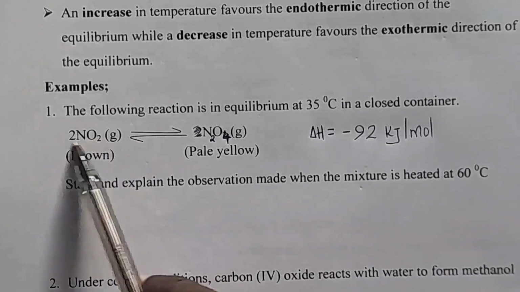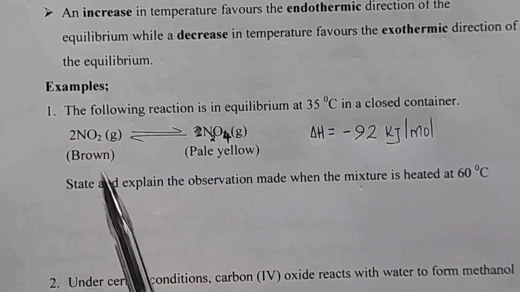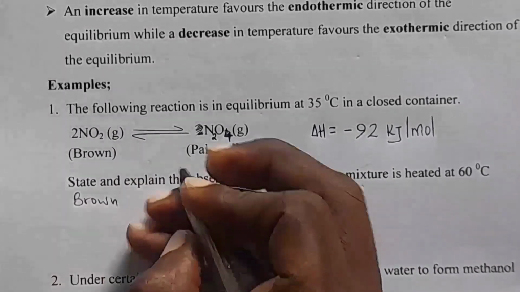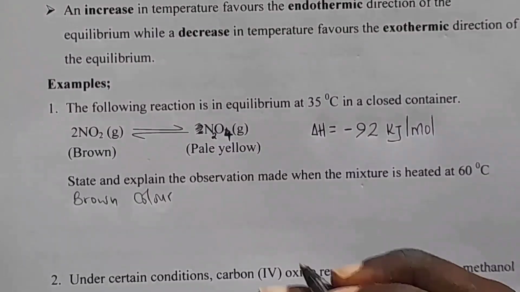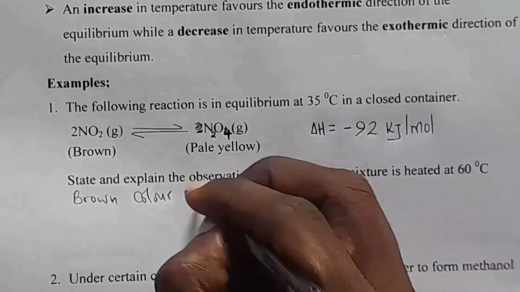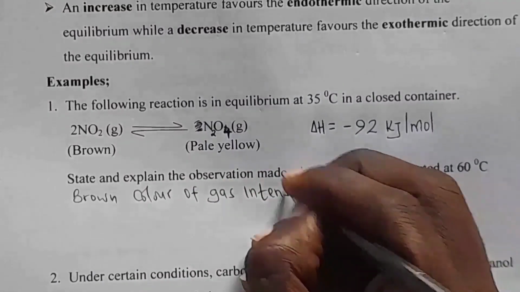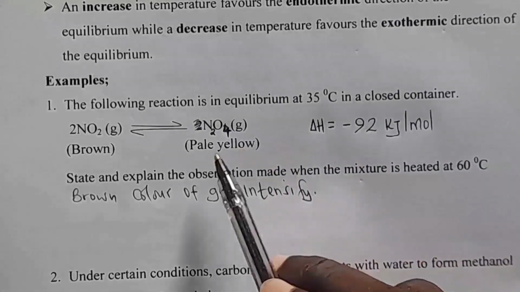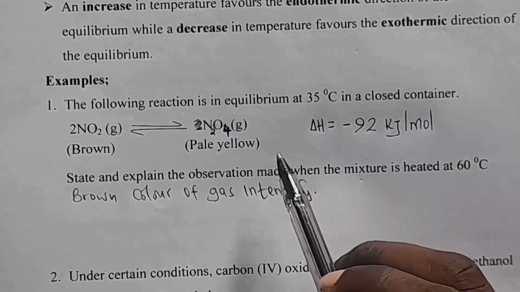That means we are going to have the brown color of gas intensified. So the observation will be the brown color of gas intensifies, or we can say the pale yellow color of gas fades.